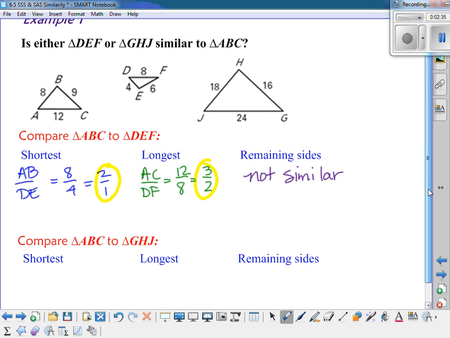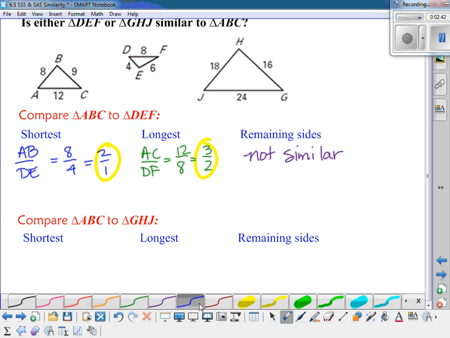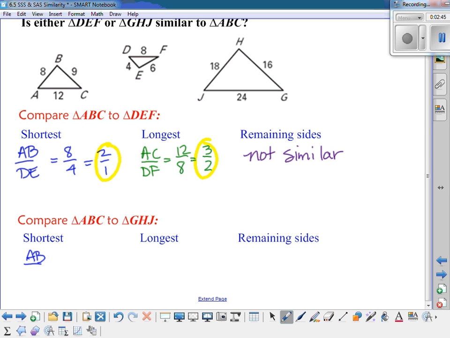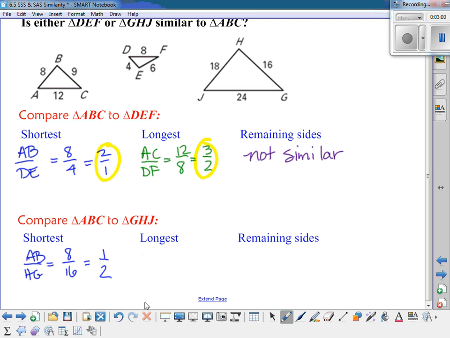So now let's compare ABC to GHJ. So again, I look at the shortest sides. So AB compared to HG is 8 over 16. That reduces to 1/2. Then I look at the longest side. So AC over JG, which is 12 over 24. That also reduces to 1/2.